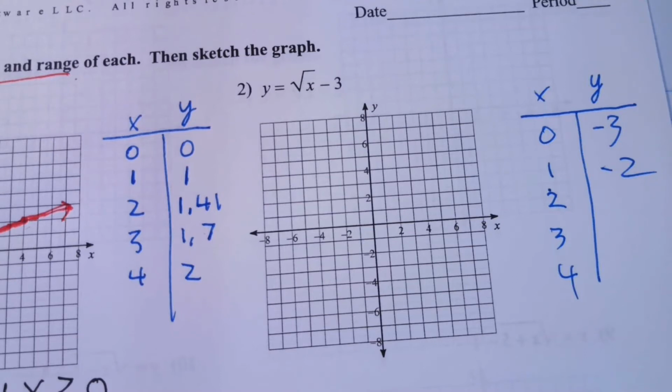If you use the table, I see I have errors again on my negative numbers, because you can't take a square root of a negative number. In Algebra 2, you will learn what to do with square roots of negative numbers, but in Algebra 1, we just don't do it.